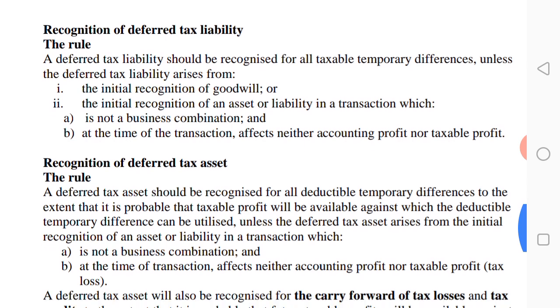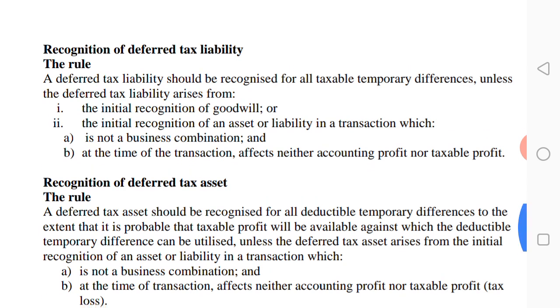And a deferred tax liability will lead to a credit balance in our financial position. Then it also will be debited to our tax, it will increase our tax provision in the profit or loss statement.